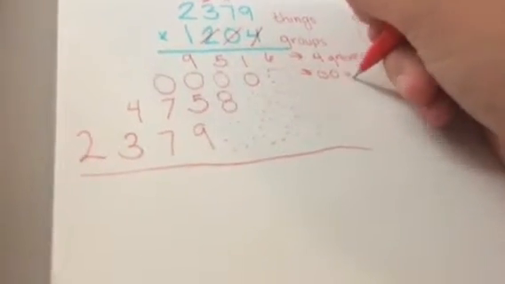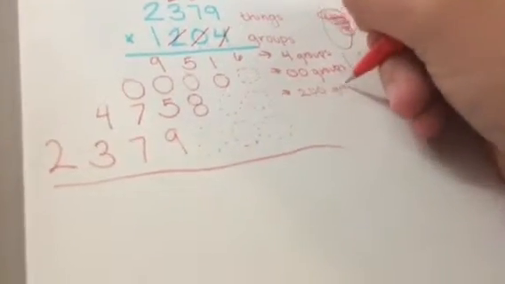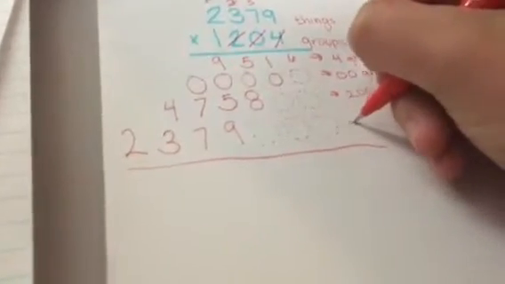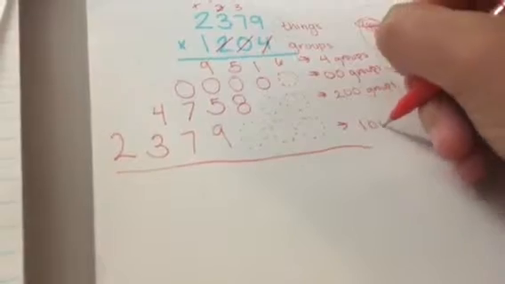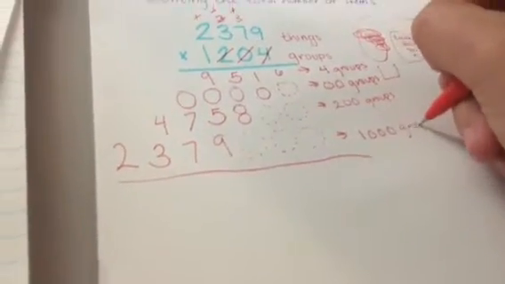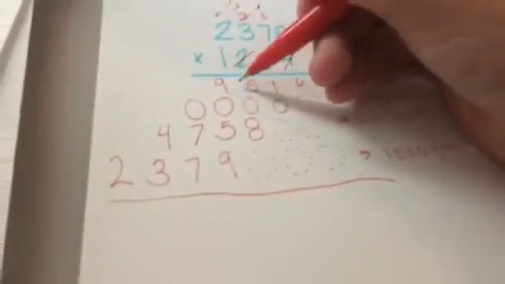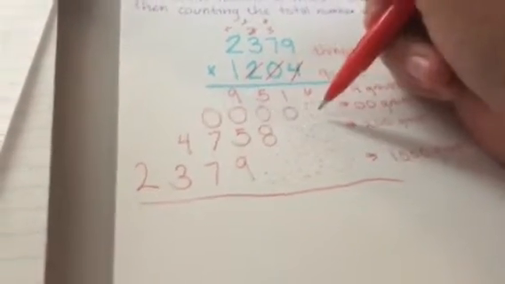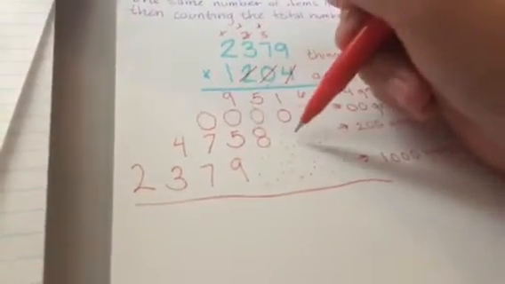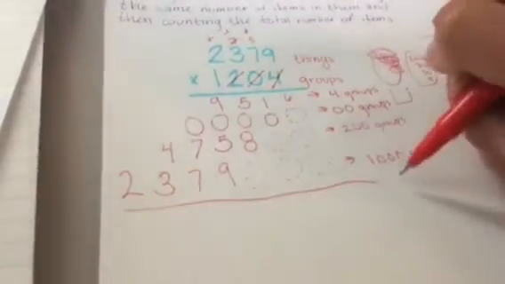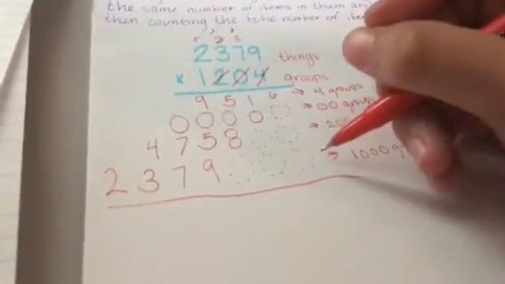So what I did here was I multiplied this by 0 groups. This was multiplied by the 200 groups. And this was multiplied by the 1,000 groups. So basically this is how much stuff is in 4 groups, how much stuff is in 0 groups, how much stuff is in the 200 groups, and how much stuff is in the 1,000 groups.